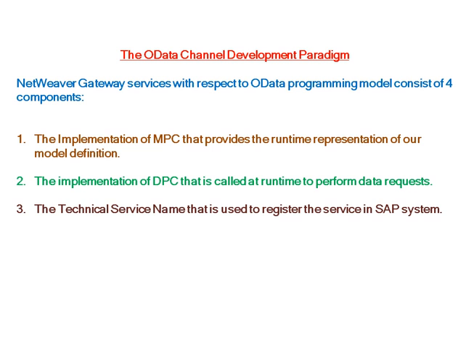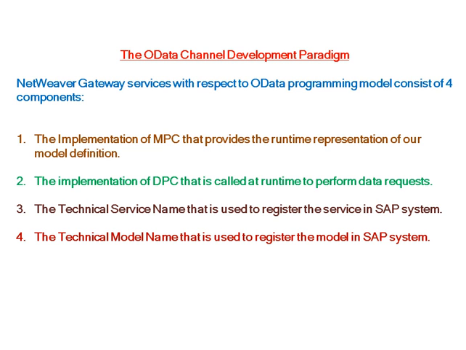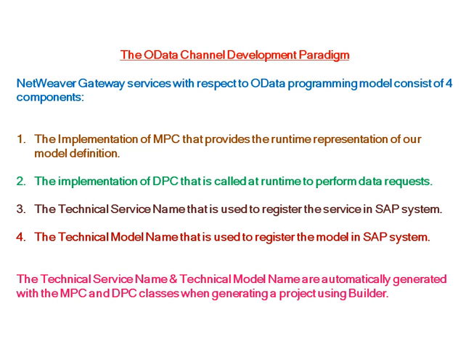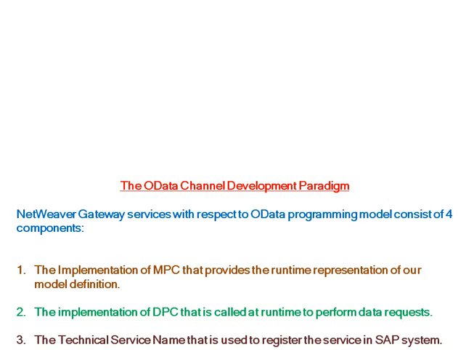The technical service name that is used to register the service in the SAP system. The technical model name that is used to register the model in the SAP system. The technical service name and technical model name are automatically generated with the MPC and DPC classes when generating a project using Service Builder.